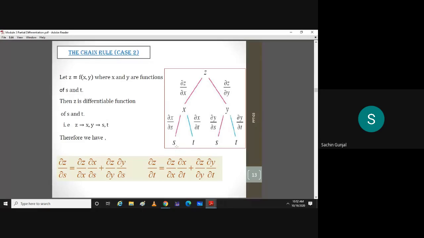There are two ways, so you add them: z with respect to x into x with respect to s, plus z with respect to y, then y with respect to s. Similarly, to find ∂z/∂t, you differentiate z with respect to x into x with respect to t, plus the second way, z with respect to y, and then y with respect to t.